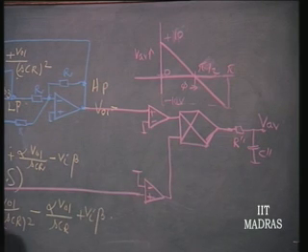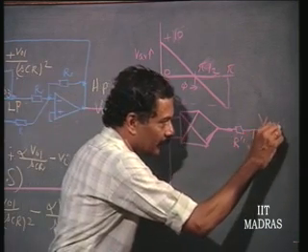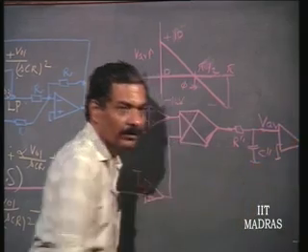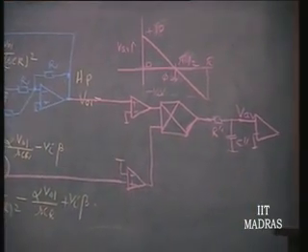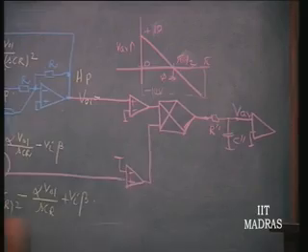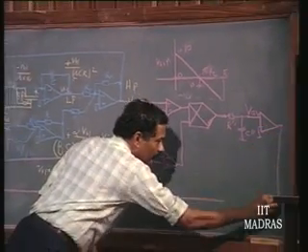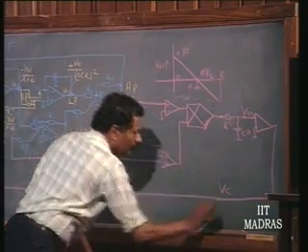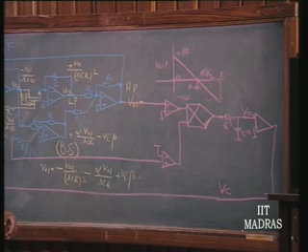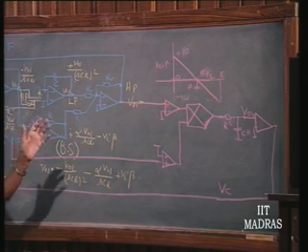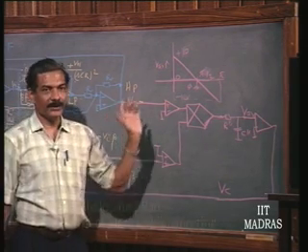Now, how do I make sure that this is going to be the case automatically? So, I put a comparator here and connect this up. This is the VC. This is an automatic frequency locking scheme. It gets automatically self tuned.